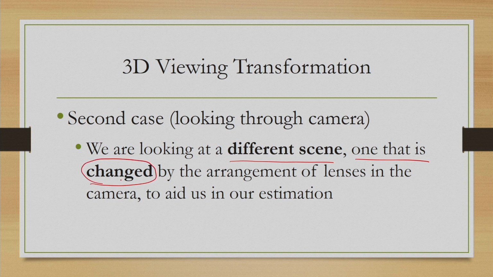It is important to note that it is a changed scene, and the change took place due to the arrangement of lenses in the camera, so that we can estimate the quality and coverage of the photo to be taken. So, here we are not looking at a world coordinate scene, we are looking at a scene that is changed from its world coordinate description due to the arrangement provided in the camera viewing mechanism.